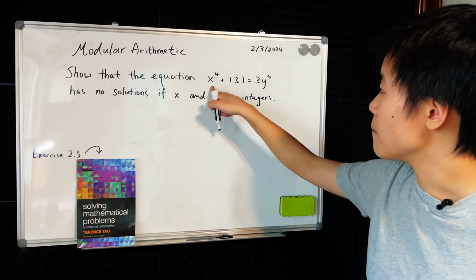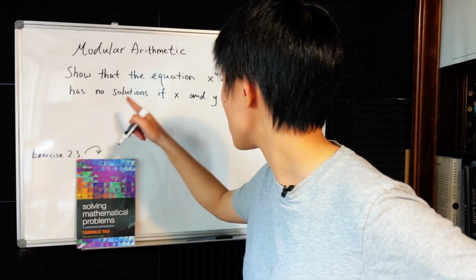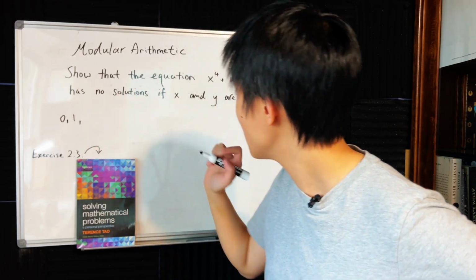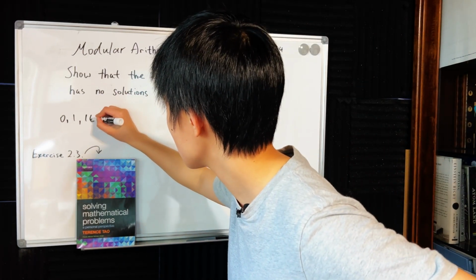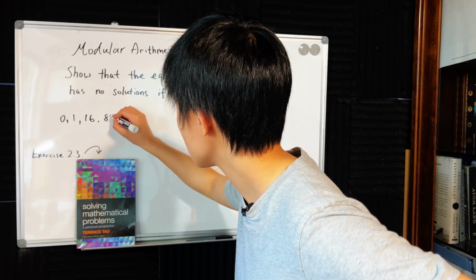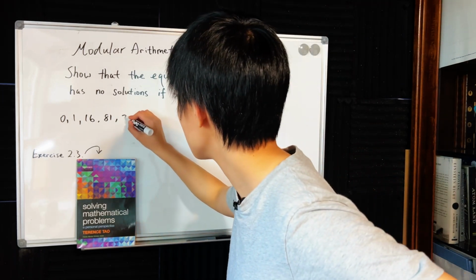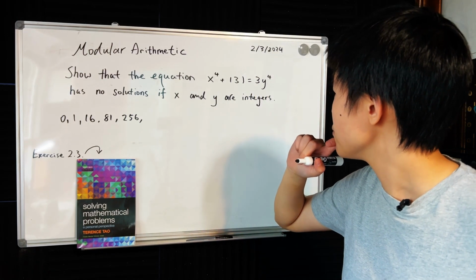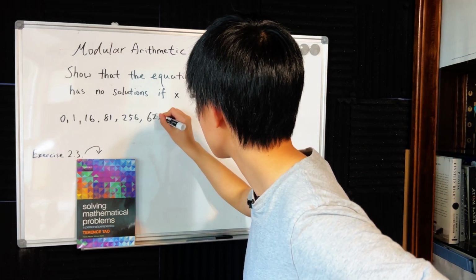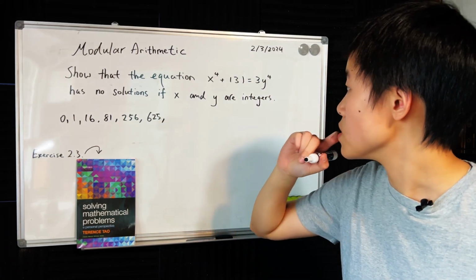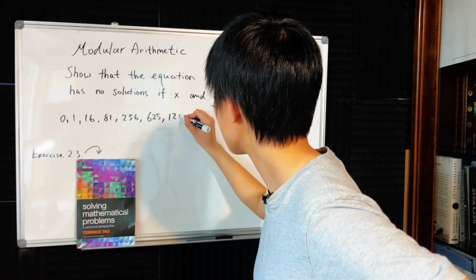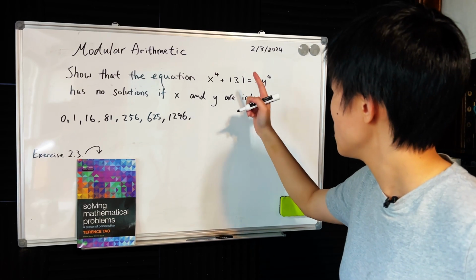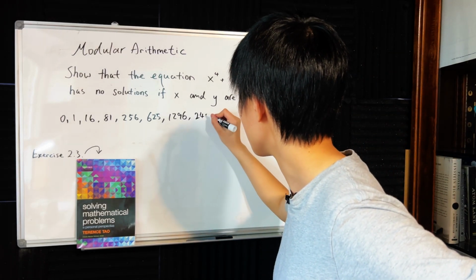So let's follow that. The first few fourth powers: 0 to the 4th is 0, 1 is 1, 2 is 16, 3 is 81, 4 is 256, 5 is 625, 6 is 1296, and 7 is 2401.